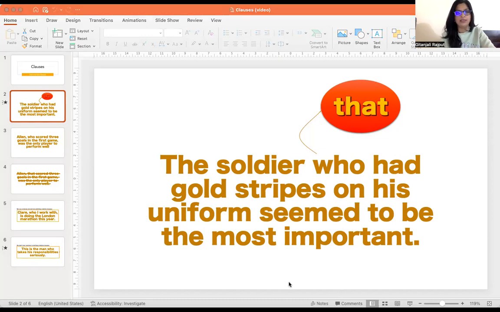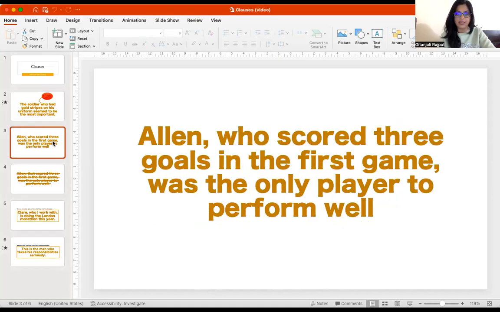On the other hand, non-defining relative clauses provide extra information about the person or thing. Now, since it is not the necessary information, we don't need it to understand who or what is being referred to. For example, in this sentence, Ellen, who scored 3 goals in the first game, was the only player to perform well.